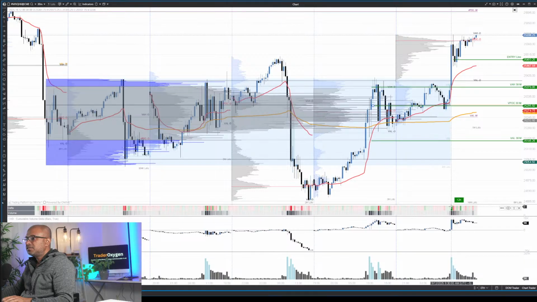Also you can see it's with a green delta over here. So that means this displacement up is backed with volume, cumulative volume delta and positive delta.